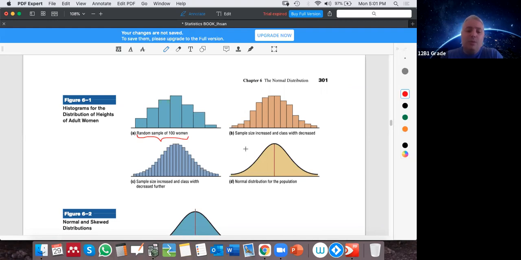The result of the survey is graphed using a histogram. So we have this distribution. When the sample size increases and the class width decreases, we will have this figure. And as the sample size increases and class width decreases further, we get the normal distribution for the population. So at the end we will have something like a bell-shaped figure.